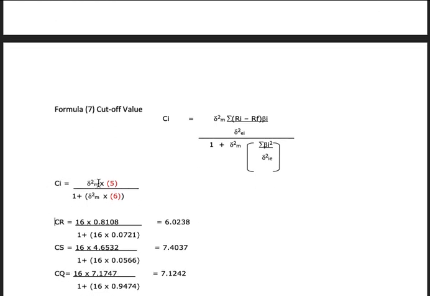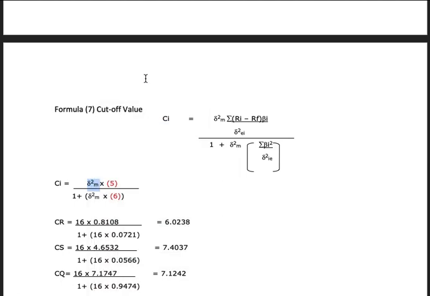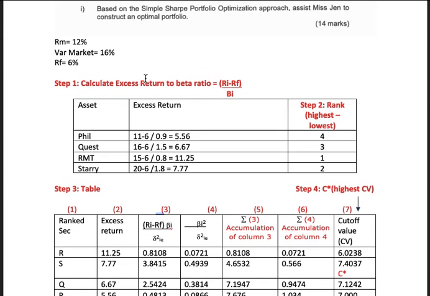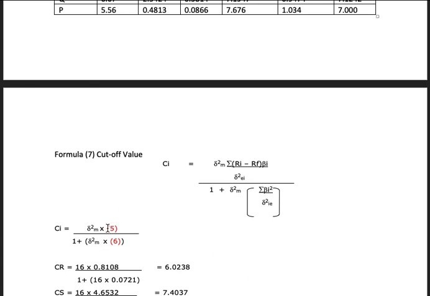Variance market. So just now dia dah bagi ni kan. Copy dia punya simbol ni. Dia bagi 16 saya tak silapnya. So this is the symbol of the variance market, 16%. Variance market times column number 5.